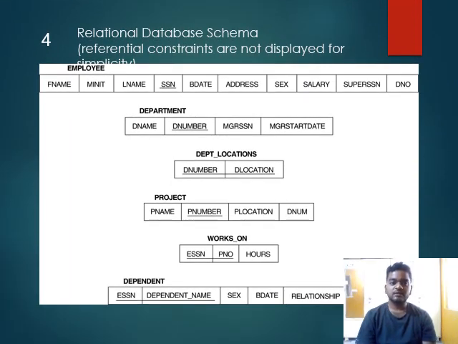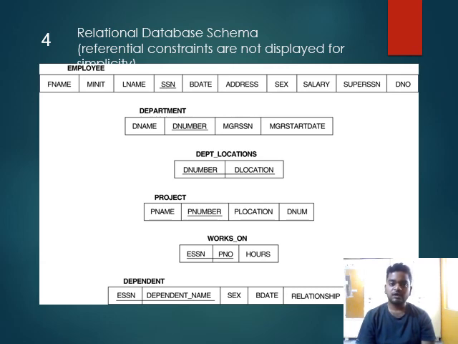Relational database schema. The referential constraints are not displayed for simplicity. Employee has the attributes fname, minit, lname, ssn, birth date, address, sex, salary, super ssn, dno. Department contains dname, dnumber, mgr ssn.